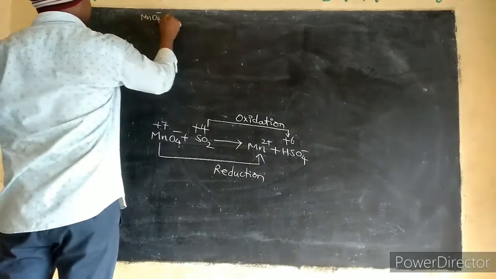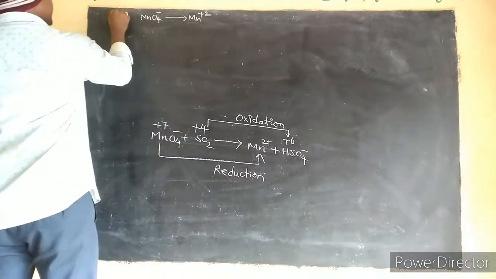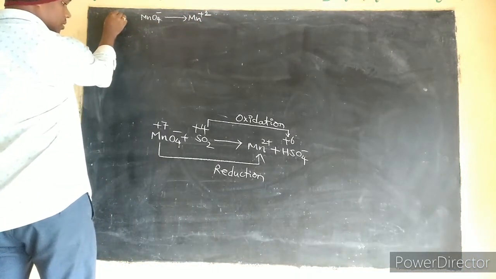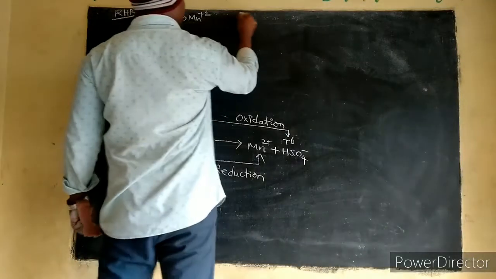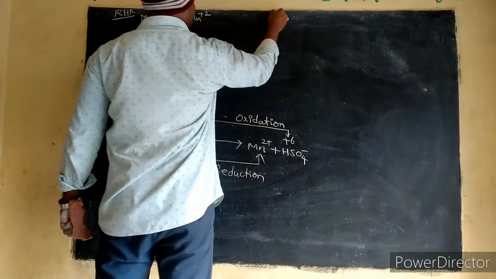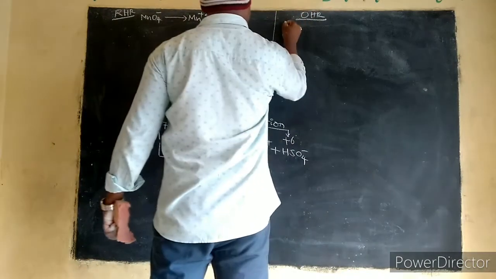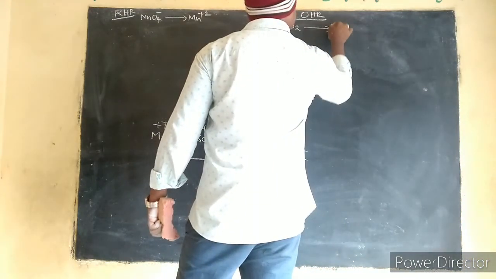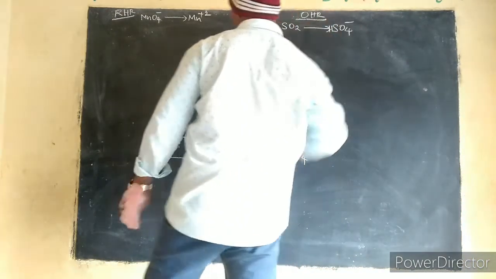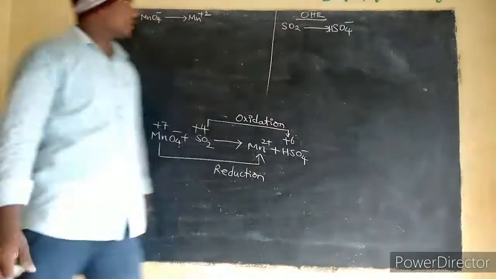MnO4 minus gives Mn plus 2. This is the reduction reaction. Another side, the oxidation reaction, is SO2 gives HSO4 minus. So this is the reduction reaction and this is the oxidation reaction, correct?